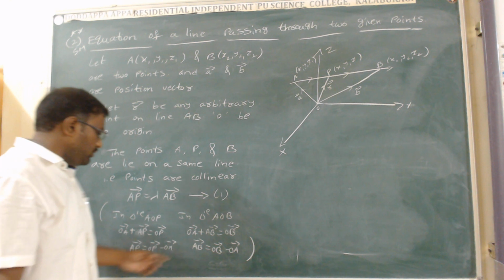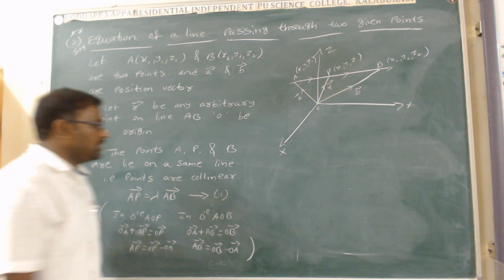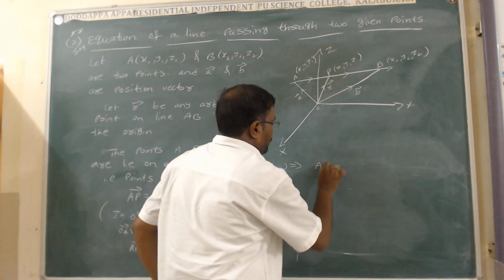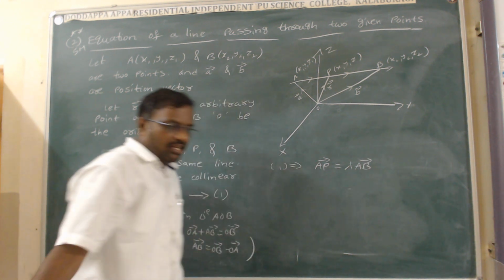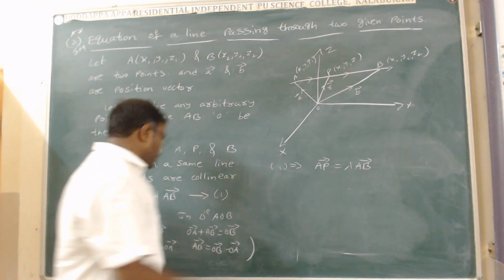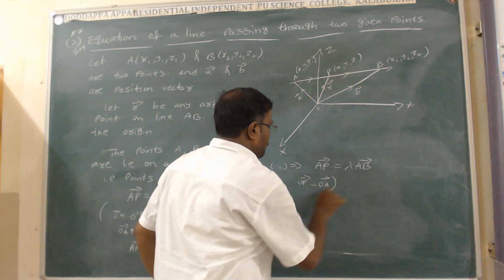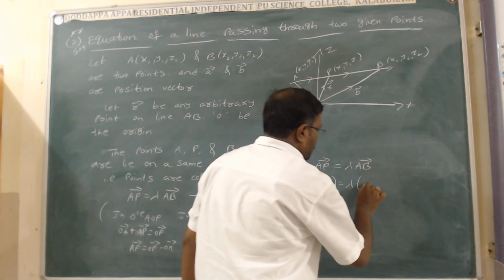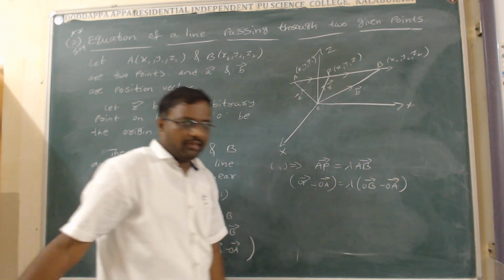Okay, now you have found the AP vector and AB vector. Substitute these values in equation number 1. Equation number 1 is AP vector is equal to lambda of vector AB. So AP vector means OP vector minus OA vector is equal to lambda of AB vector, which means OB vector minus OA vector.